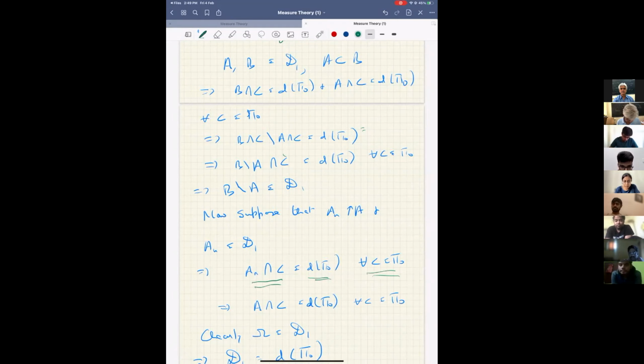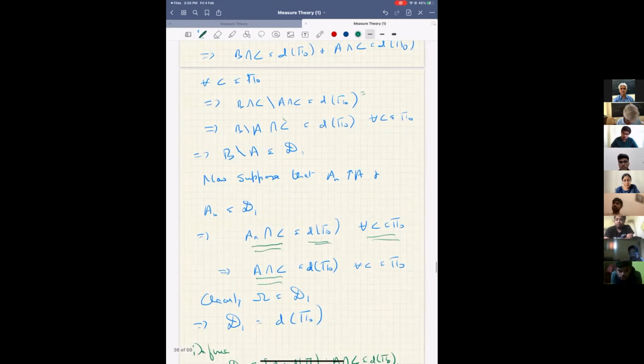Now this would imply that A intersection C is also in D of pi 0, right, because AN intersection C is increasing to A intersection C. So the limit will also belong to D of pi 0, because D of pi 0 is a D system.